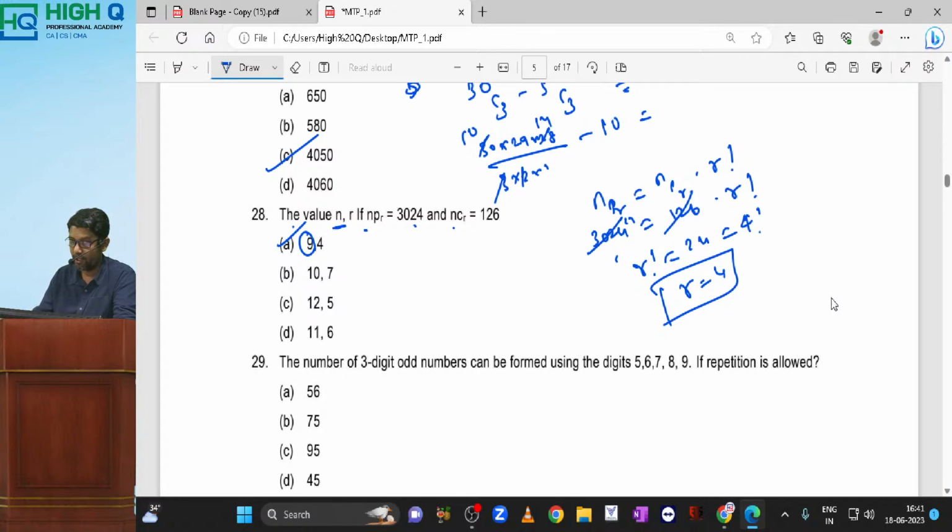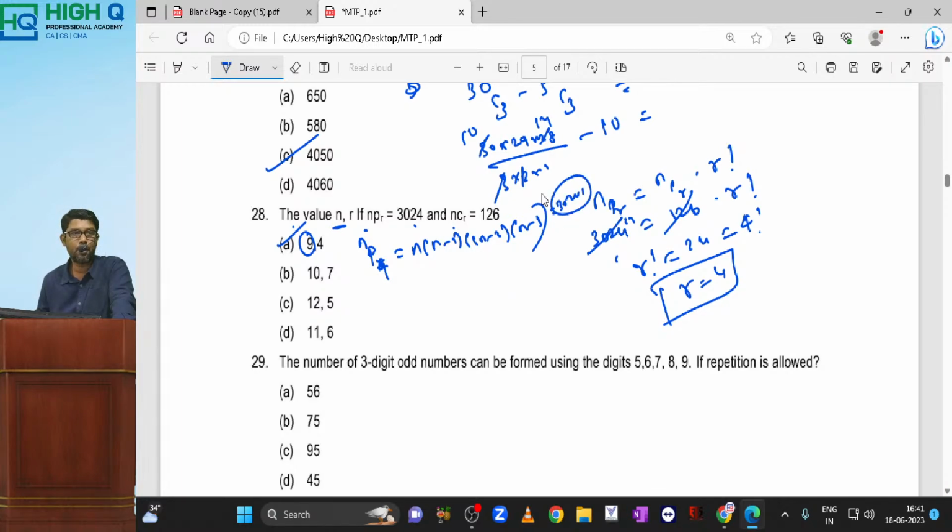Now we need to find N. Once you get R, N also you can find. NPR is NP4, which is N into N minus 1, N minus 2, N minus 3, which is nothing but 3024. Now we need to find the product of 4 consecutive numbers. So that is the process. But don't waste your time. Directly you do it.